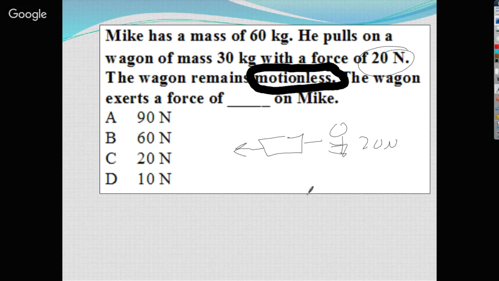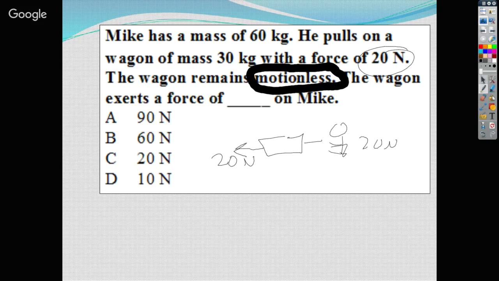Equal and opposite, pulling back at 20 newtons. As long as you have the word motionless, it's going to be equal and opposite.